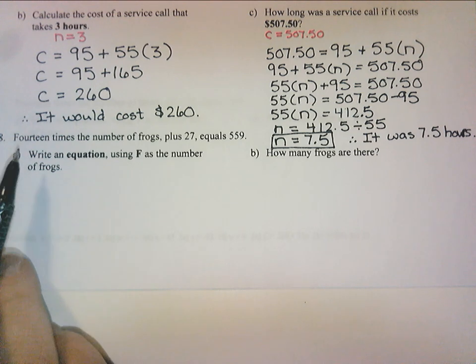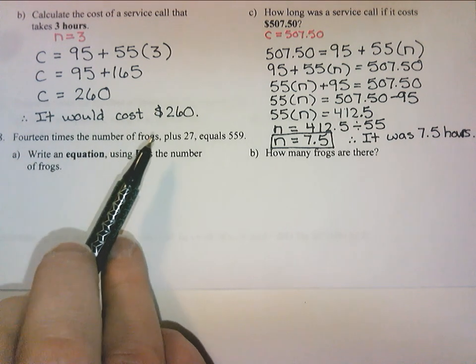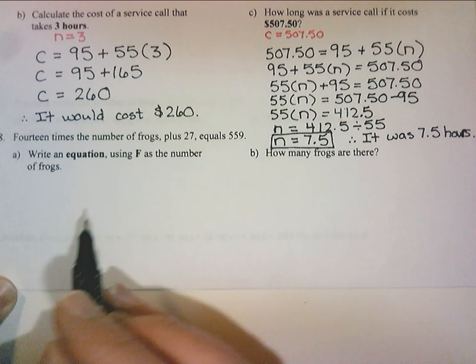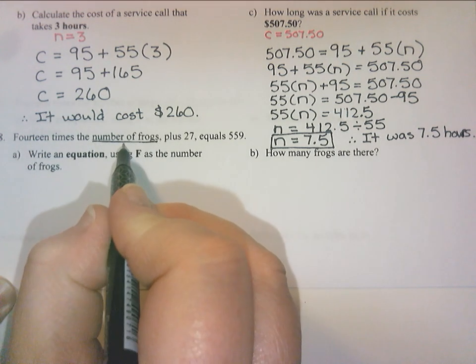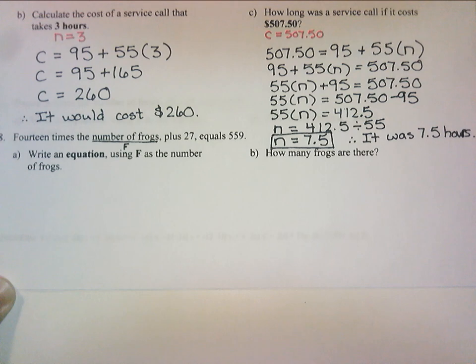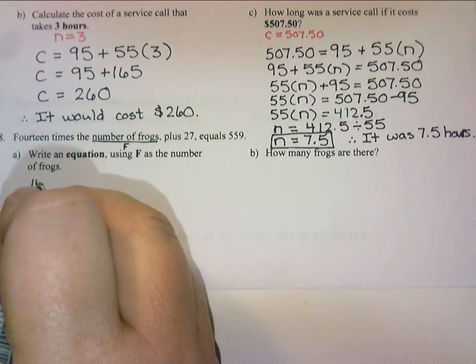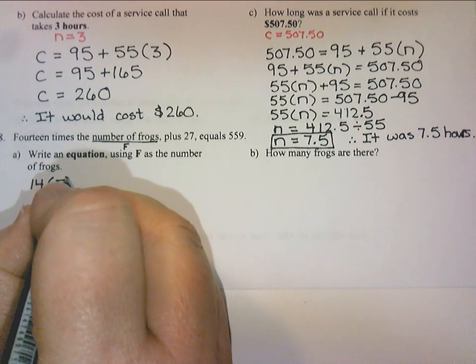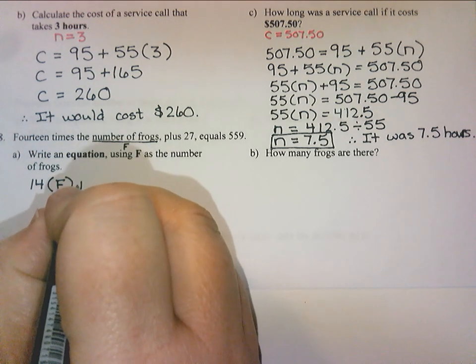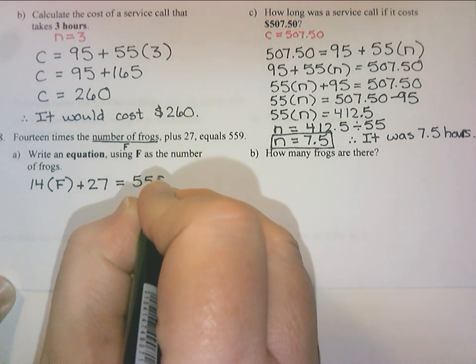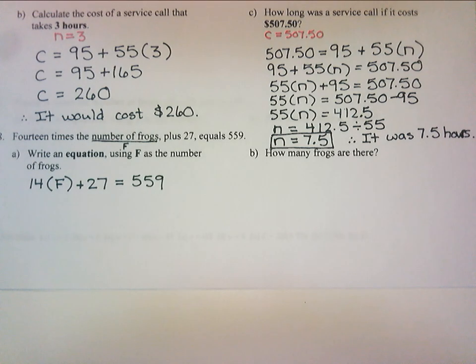So in place of the frogs, we are using the letter F. So we're doing 14 times F, plus 27 equals 559.